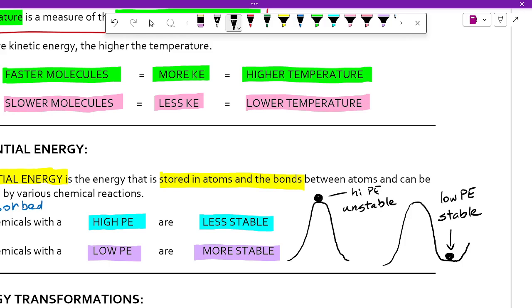Nature is always going to tend towards low potential energy, stable.